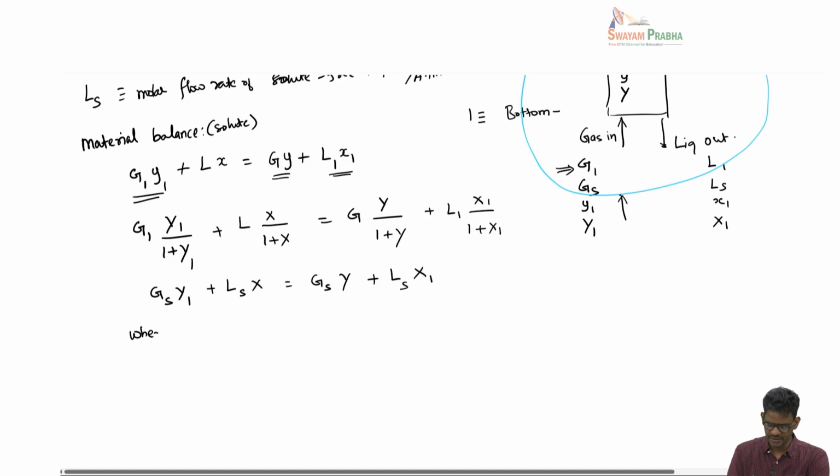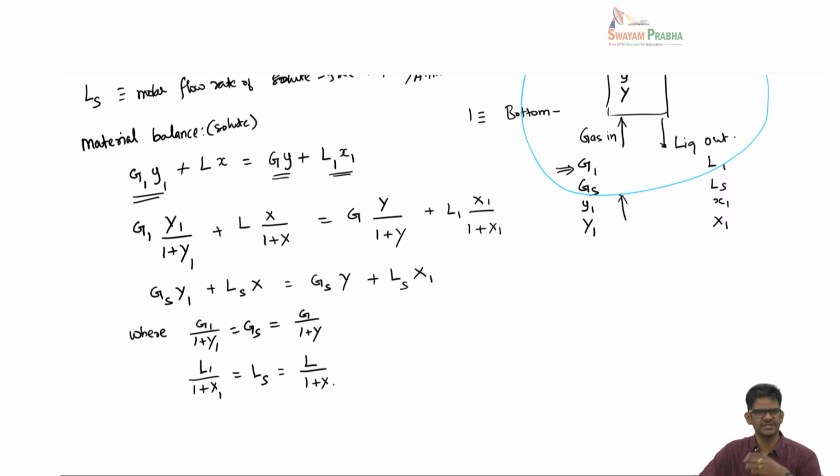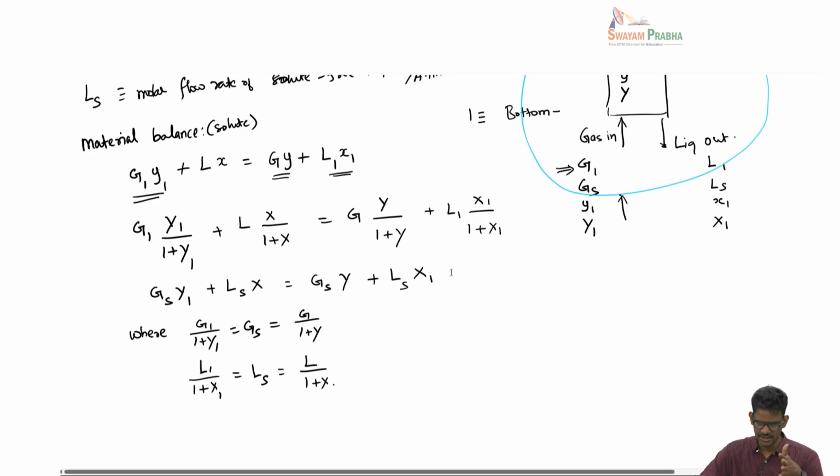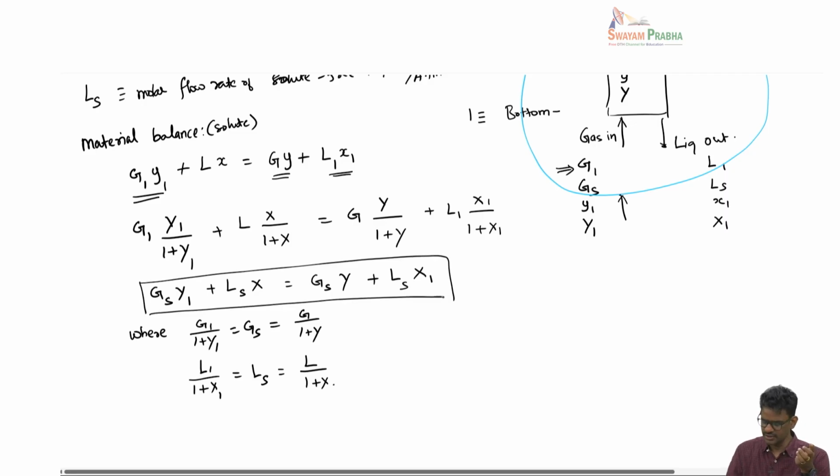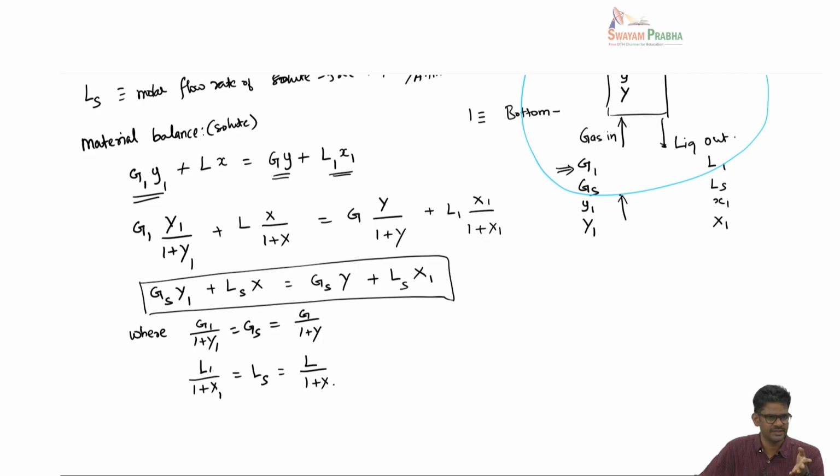Where we have written G1 by 1 plus Y1 is equal to Gs, and that should also be equal to G by 1 plus Y. Similarly, L1 by 1 plus X1 is equal to Ls, this is also equal to L by 1 plus X. The conversion of mole ratio to mole fractions is something that we already discussed, so I am directly applying those. Ultimately, you will be able to write the mass balance based on the solute free molar flow rates.